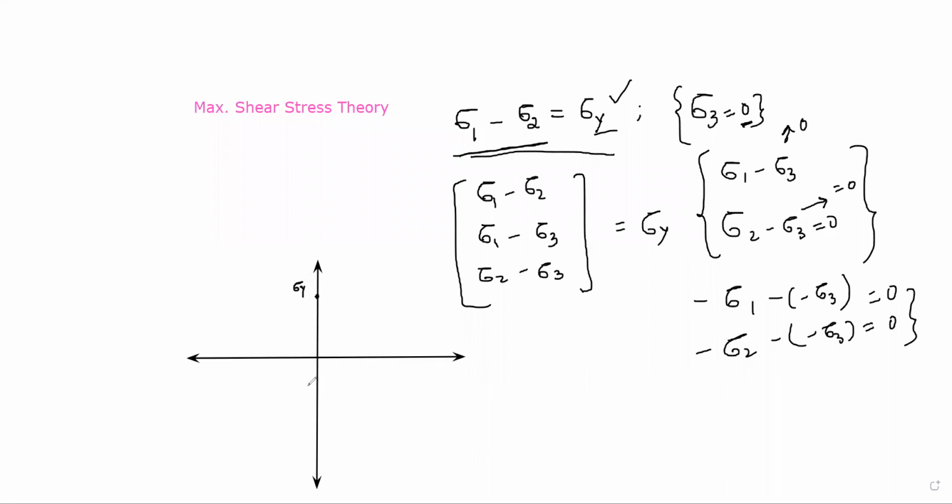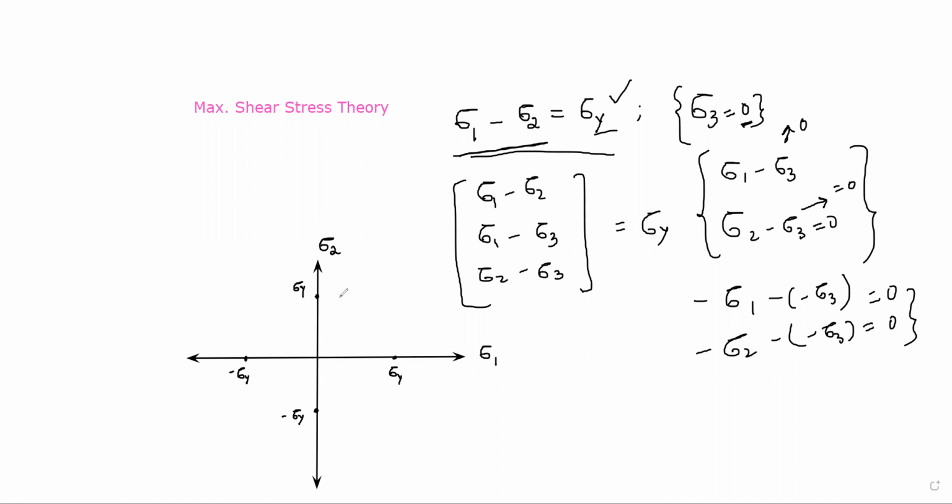The point below is minus sigma y. This point is plus sigma y, yield points. This point is minus sigma y. This is our sigma 1 axis, and this is our sigma 2 axis.